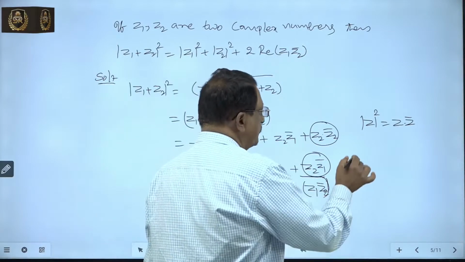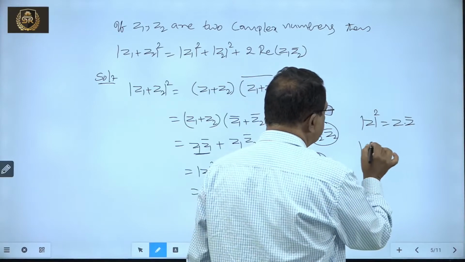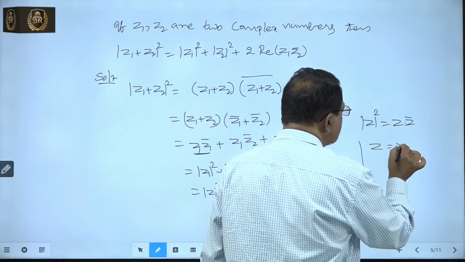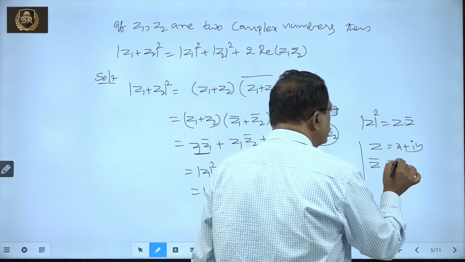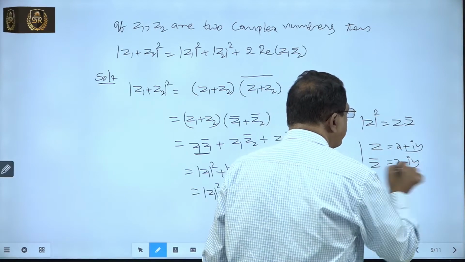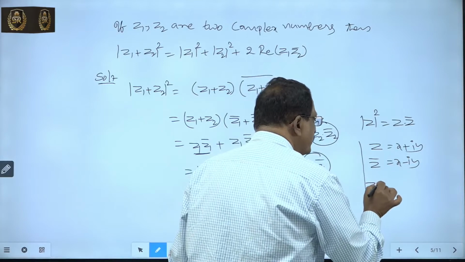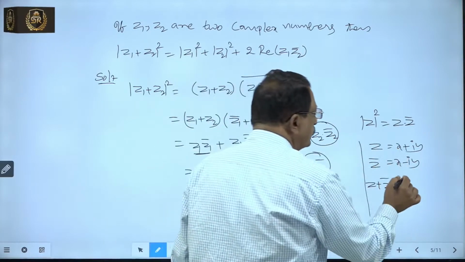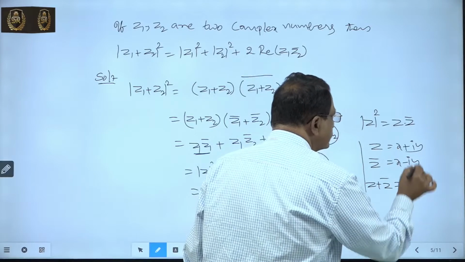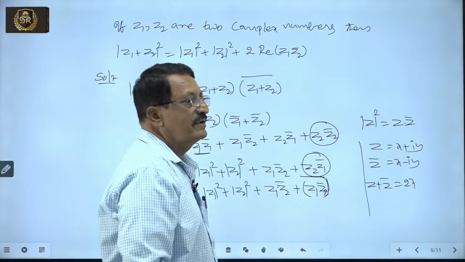Now see it. Suppose Z equals x plus iy, Z bar equals x minus iy. Add these two, we get 2x; plus iy minus iy gets cancelled.